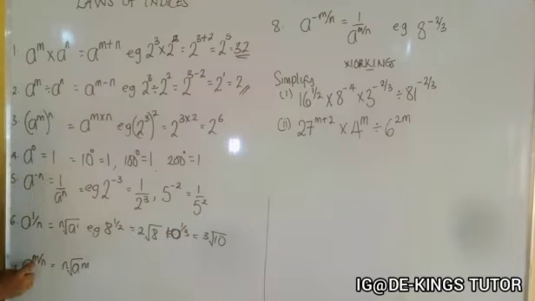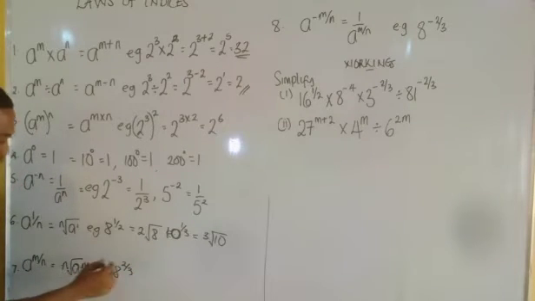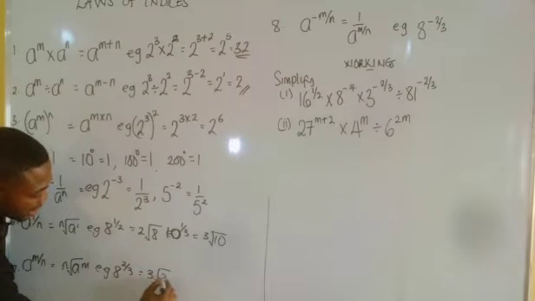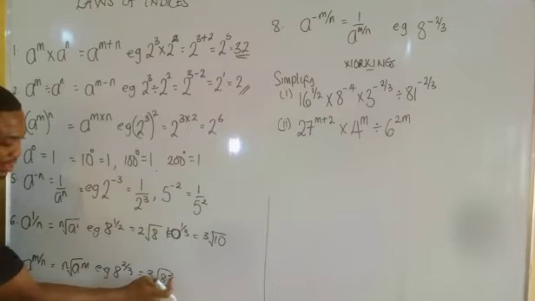But when it is a value that is non-1, for instance 8^(2/3), what we will have is the cube root of 8^2. The numerator comes here.